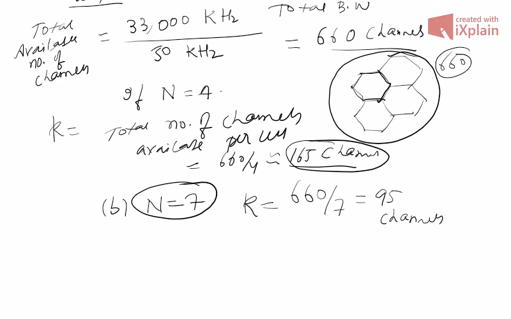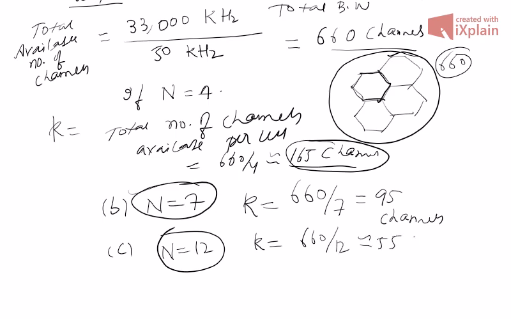See, I will explain one trade-off here. You can take n equal to 12. We don't go beyond 7 at best, and 12 is very rare. Then it is 660 by 12, around 55 channels. Why would we like to increase n?